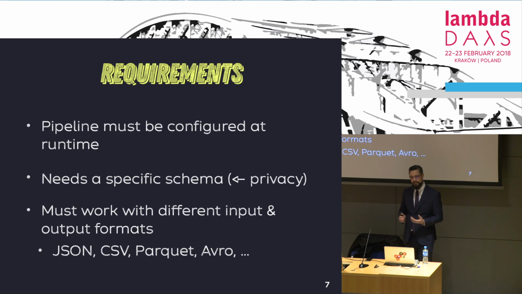We needed a schema for that, and that schema needed to have a custom format, because we wanted the sources to be able to express that each field is or isn't personal information. And of course, we had to work with multiple data formats, semi-structured in input, like JSON or CSV, and we wanted to transform it to more usable formats like Parquet or Avro. Right? Nothing fancy.